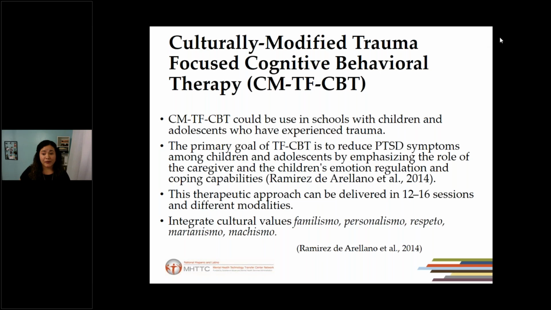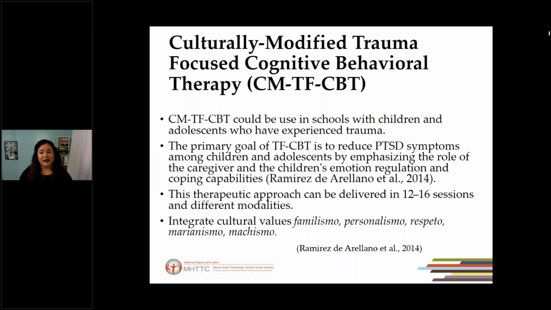So this therapy will help to decrease those PTSD symptoms. And it's a therapy where the parents can work with you inside the therapy. So it is a type of therapy that is not just for the kid, but also includes the parents in the process of delivering it.